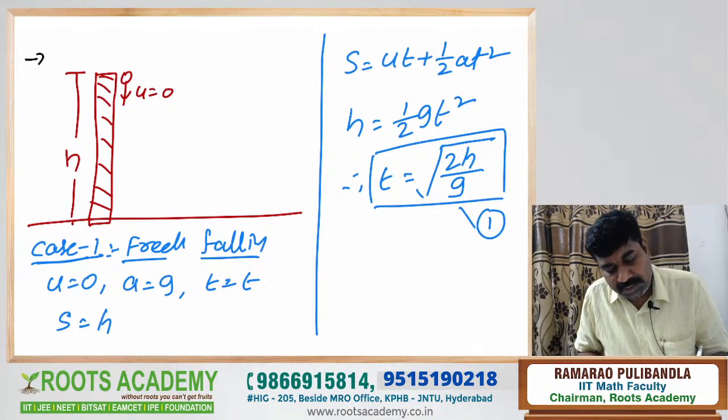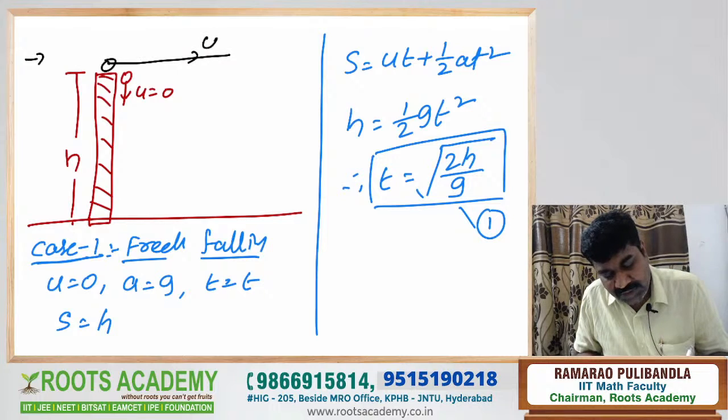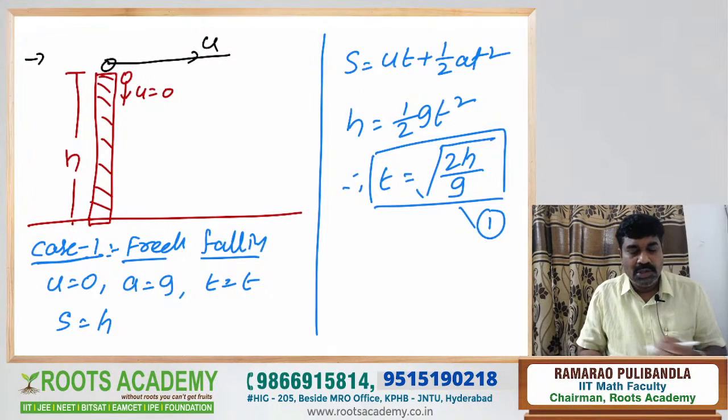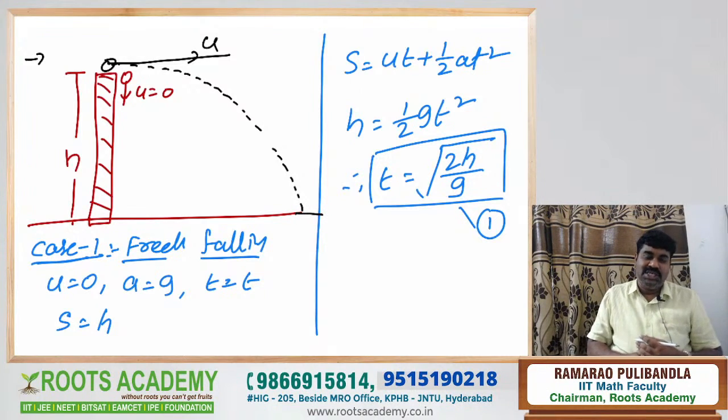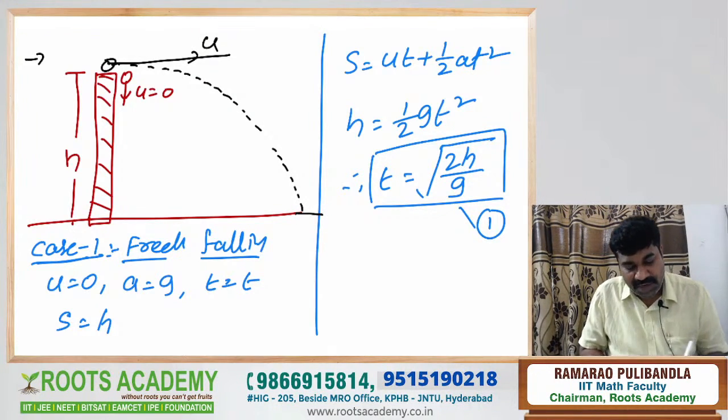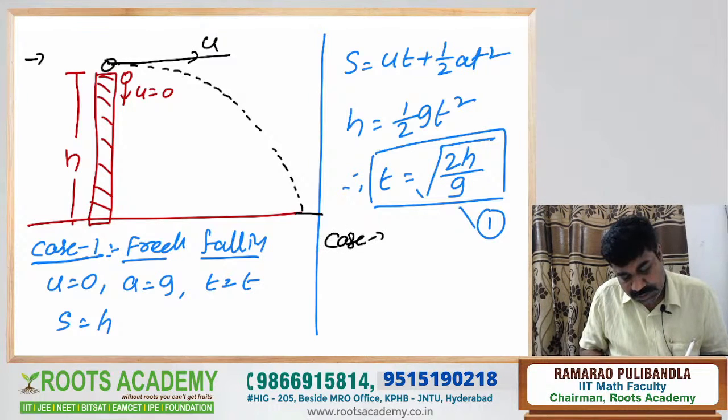Next, the body is projected horizontally with some initial velocity u, so that due to the gravitational force it moves along a parabolic path and reaches the ground. Here we go for case 2, horizontal projectile.